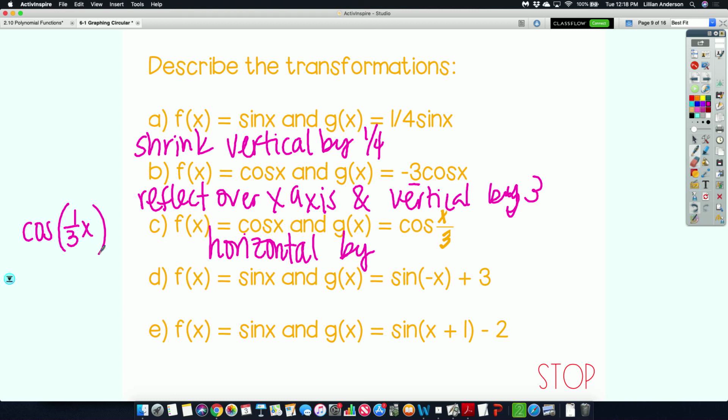So if this is my Q, when I'm looking at those notes, is a horizontal stretch by 1/3? Wait, 3, because it's 1 over Q. So 1 over 1/3, you keep change flip, and it's just 3. What about D?